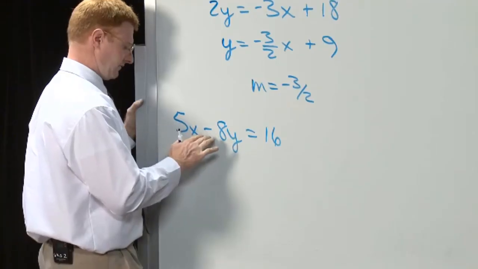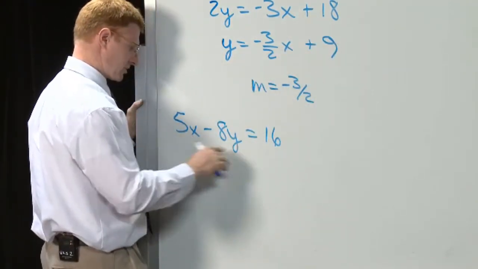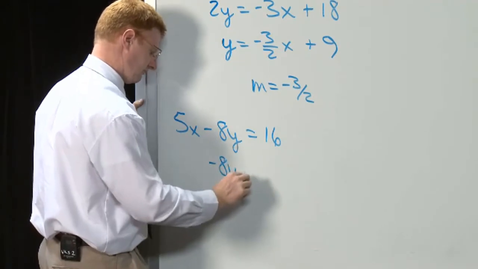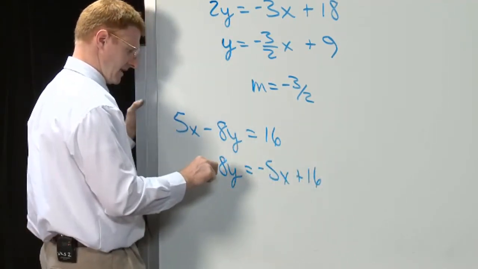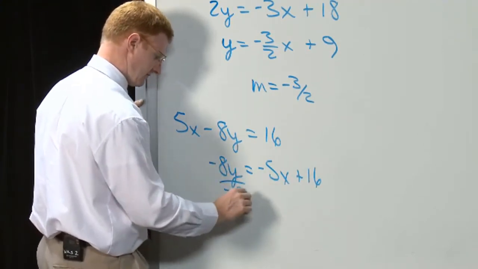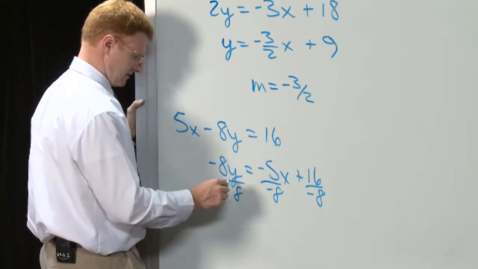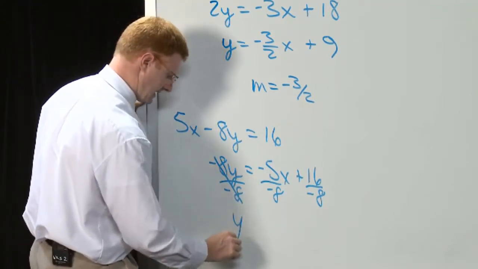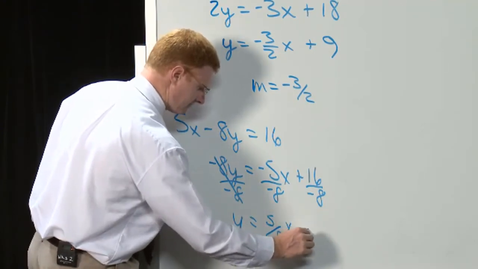So, finding the slope of this, well, we can use that pattern over there. So let's subtract 5x. And then divide by -8. That's gone. So we have y equals 5/8 x minus 2.